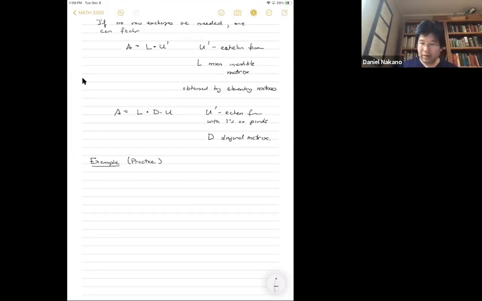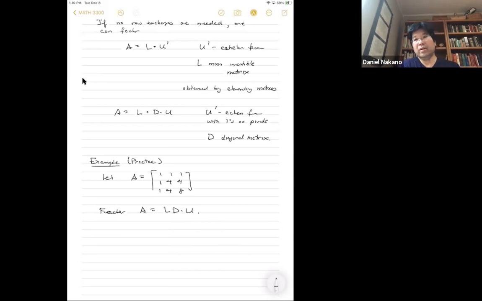Let A be equal to 1, 1, 1, 1, 4, 4, and 1, 4, 8. The problem is to factor A as LDU.